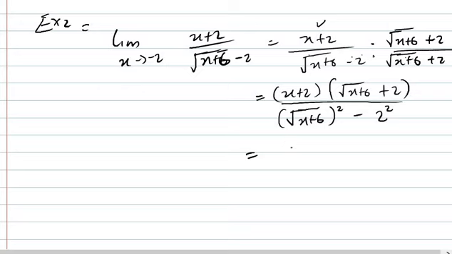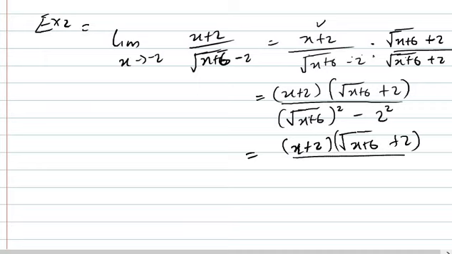So we have x plus 2 times root of x plus 6 plus 2, and for the denominator, the square cancels the root, so we have x plus 6, then 2 squared is 4.